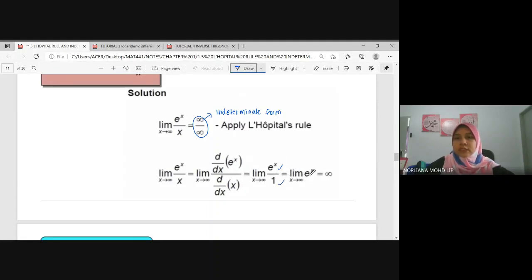So the limit of e to the power x, where x approaches infinity, equals infinity. So infinity is a determinate form. There are two types of determinate form, where the solution is equal to a real number or infinity.